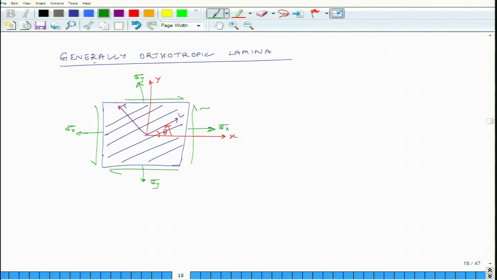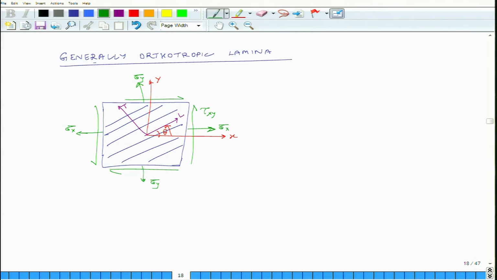So, that is tau xy, and again note the direction of tau xy, this is positive tau xy. So, sigma x is positive, sigma y is positive, and tau xy is also positive. This is how our sign convention is assumed to be.